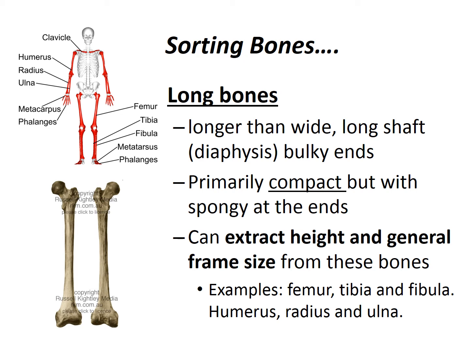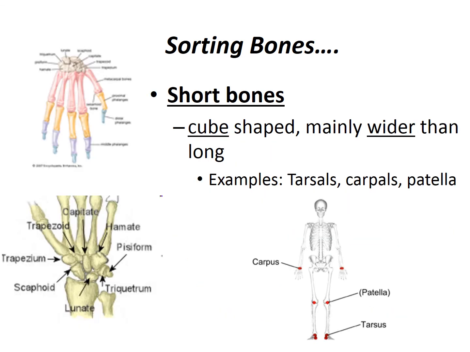And we can use this to extract height and the general frame size from these bones. Examples of long bones are going to be the bones of the arms and legs and some of the phalanges. So femur, tibia, fibula, humerus, radius, ulna, those are all going to be considered long bones.